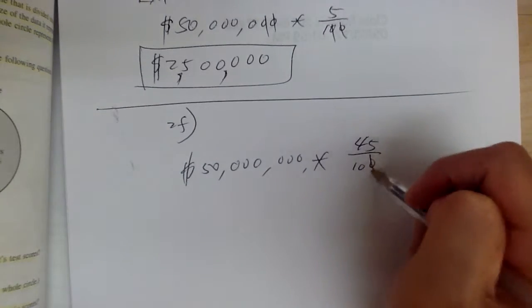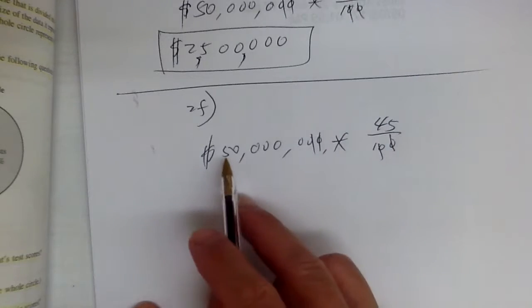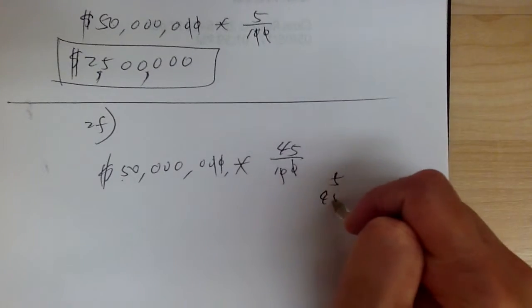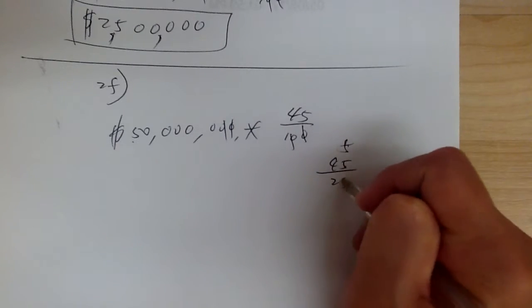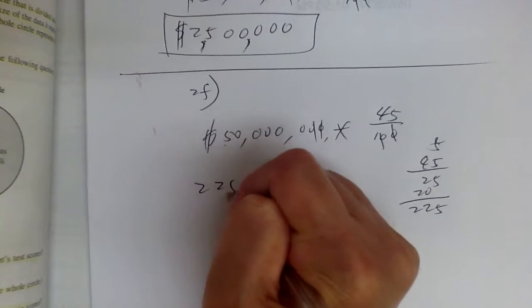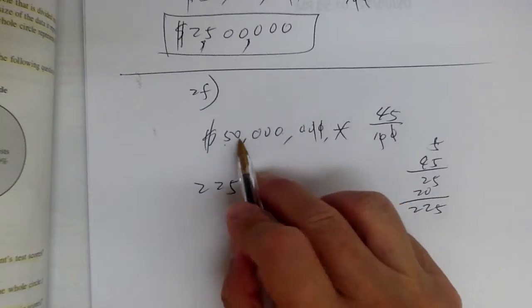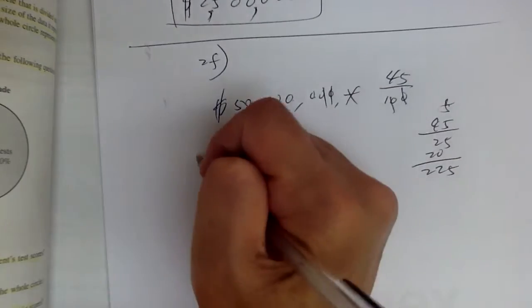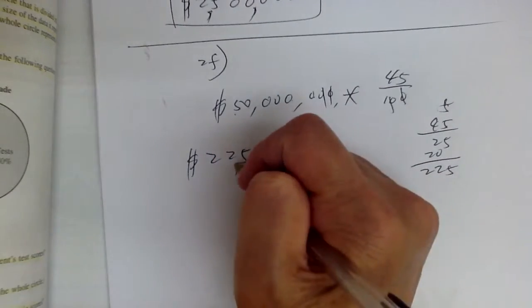Again, you cancel the 2 zeros and you multiply. So you got 5 times 45. 5 times 5 is 25. 4 times 5 is 20. So you're going to get 225, and there are 1, 2, 3, 4, 5 zeros. So the answer would be $22.5 million.